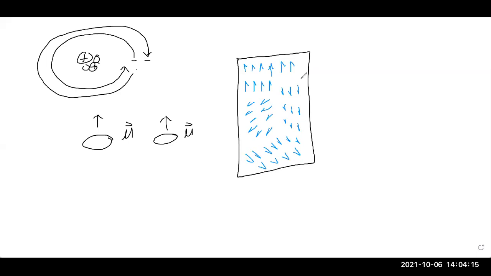So iron is likely to do something a lot like this, where different regions of the iron make different magnetic domains.